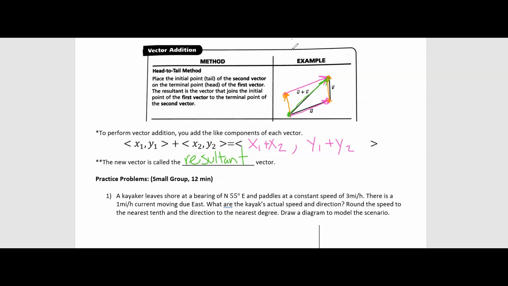So this just complicates our problems a little bit more. We may have to create some right triangles. We may have multiple triangles to work with, but let's take a look at one below, where we have to sketch a diagram and also find the magnitude and direction like we did above.